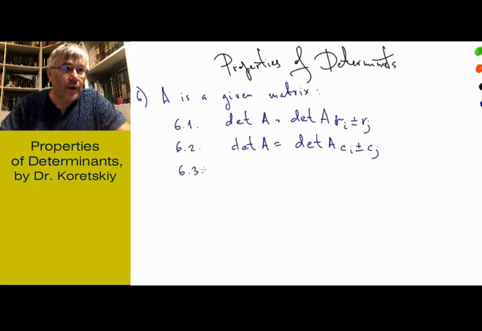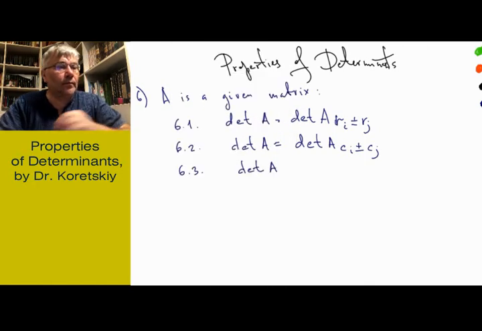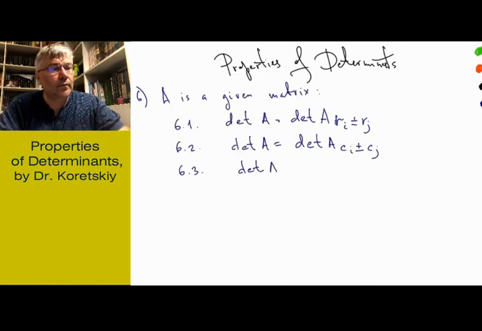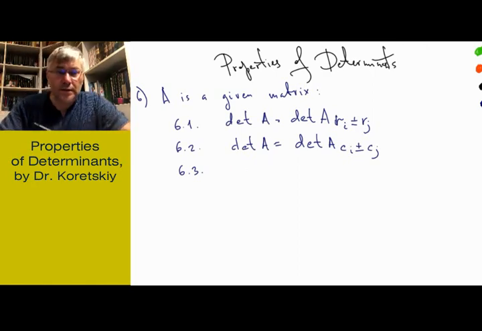6.3 here. The determinant of the matrix A equals lambda times the determinant.